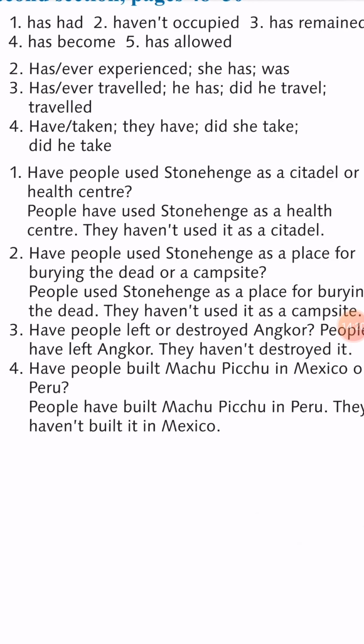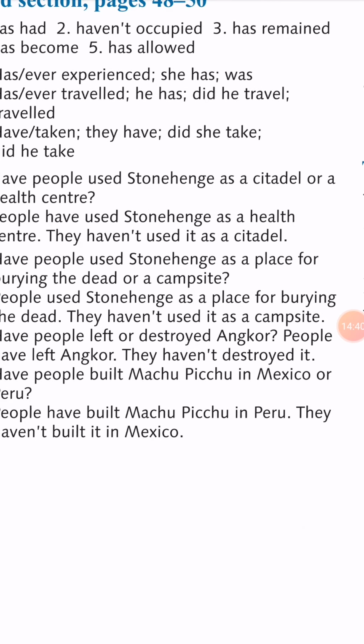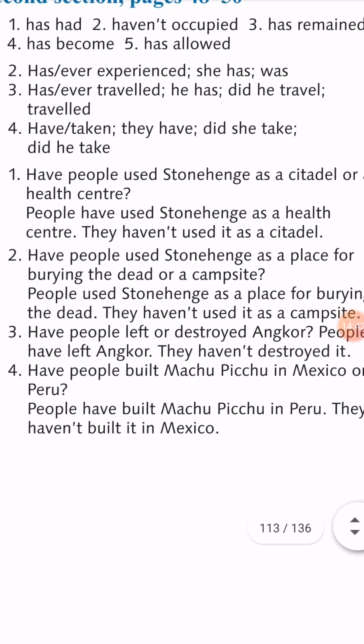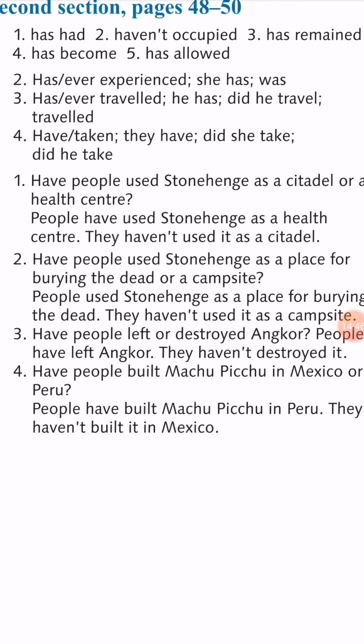The next one: people leave or destroy Angkor. Did people leave or destroy Angkor, the capital of Cambodia? What is the interrogative form for number 3? Have people left or destroyed Angkor? The answer in the affirmative: people have left Angkor. They haven't destroyed it.